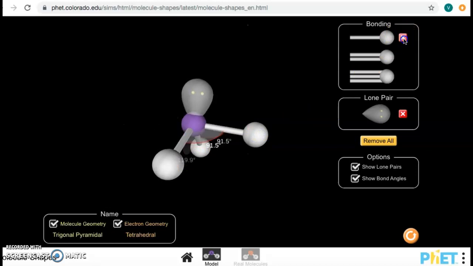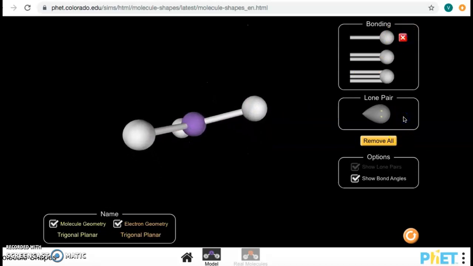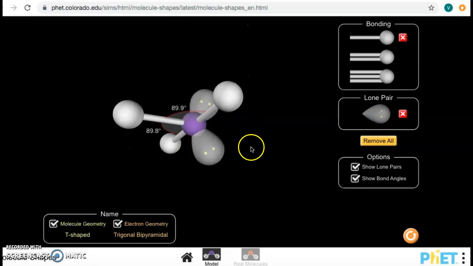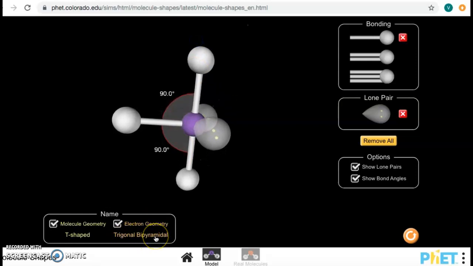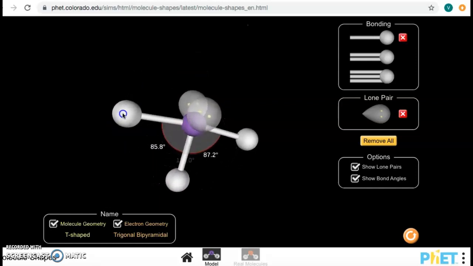If one of these atoms is replaced with another lone pair, so we have 2 lone pairs, again it occupies the equatorial positions, and we're left with still a trigonal bipyramidal because we have 5 domains, but now the molecule looks like a T. It's a T shape. Still the same bond angles.